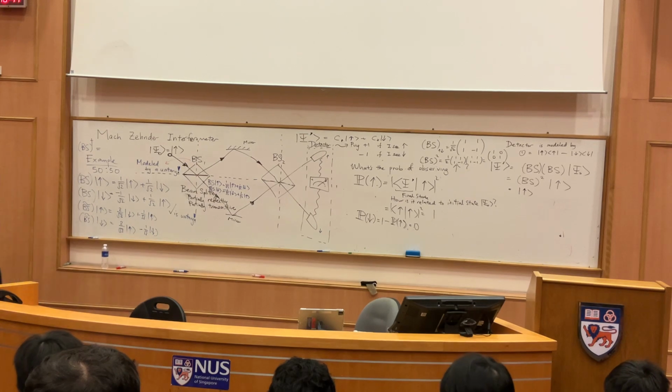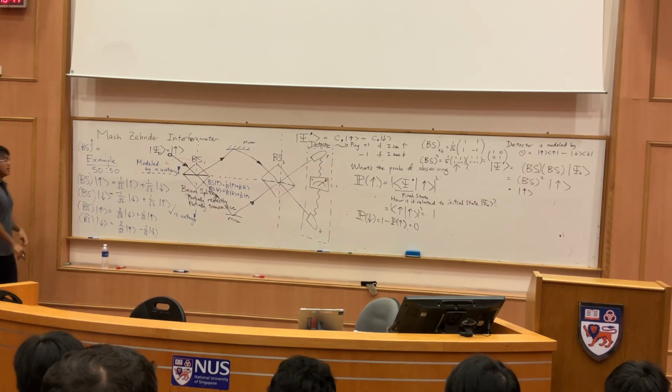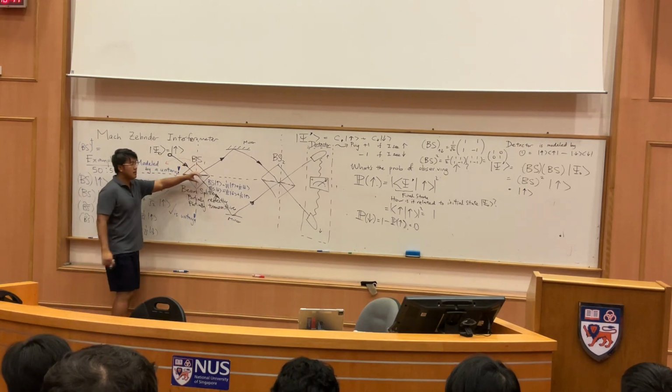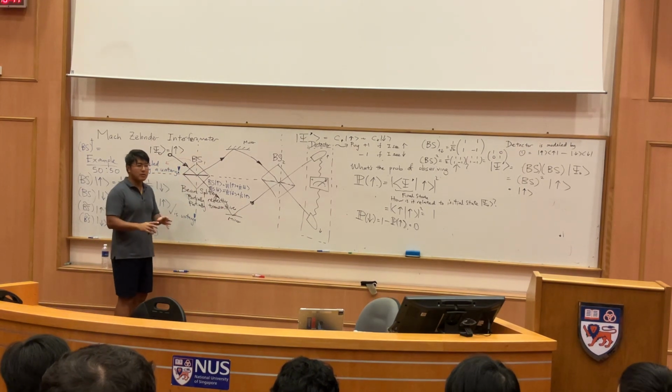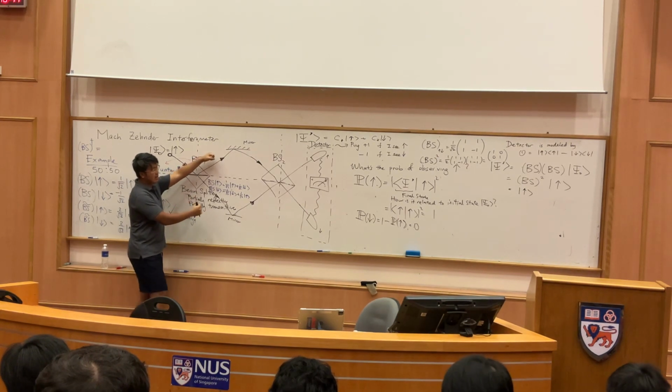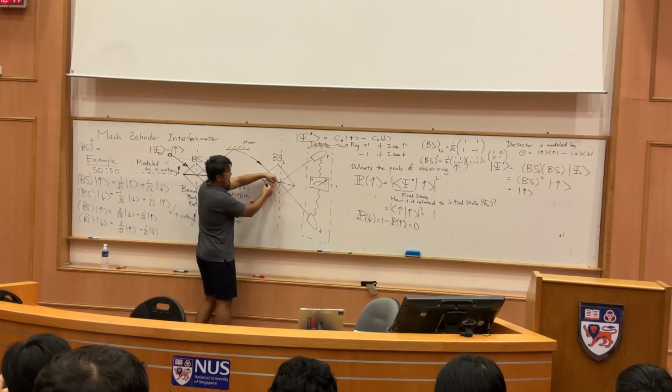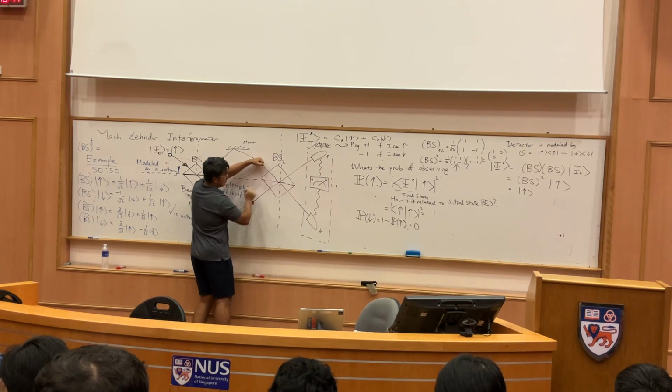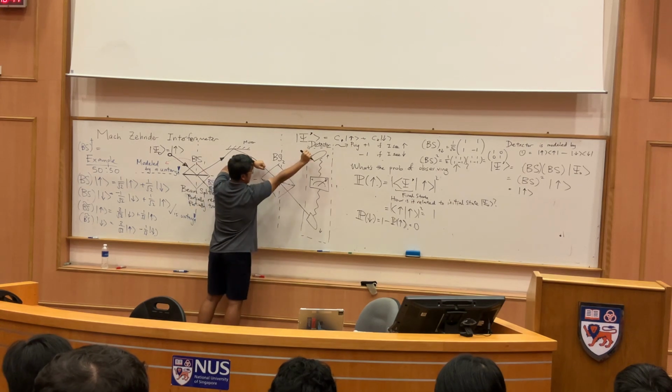Okay? So think about what's happening here. It's kind of funny, right? Light has been split. And if you use a classical argument, you would say, alright, there's a 50-50 chance of seeing light here. It comes back. There's a 50-50 chance that, assuming they came from the bottom, there's a 50% chance it goes up.